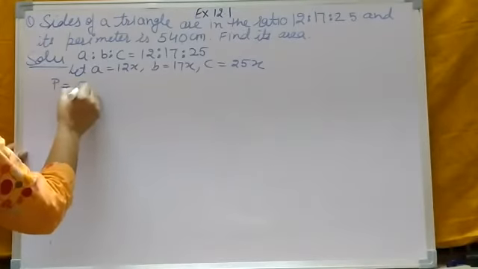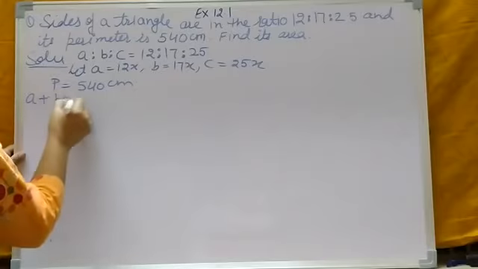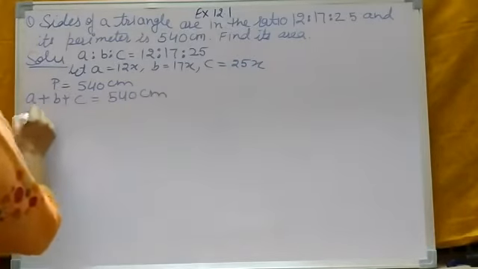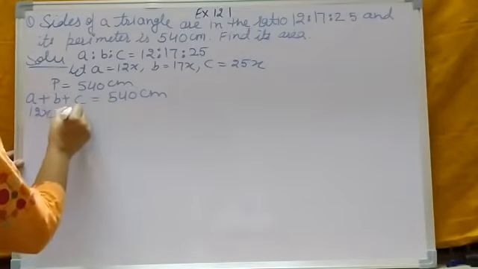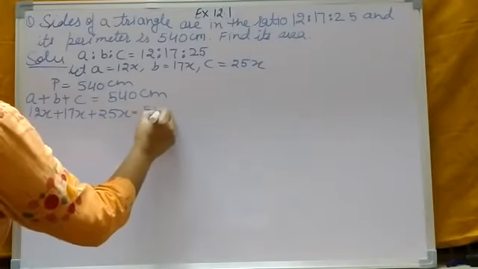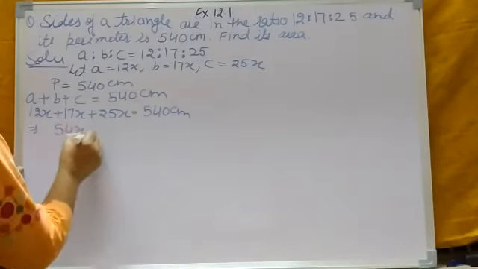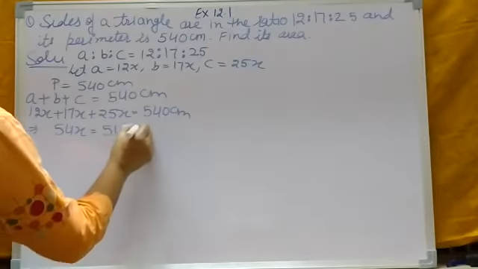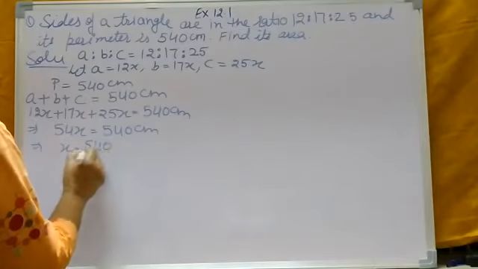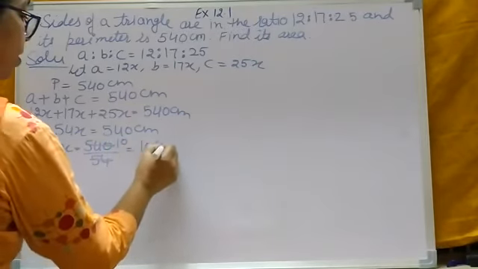Perimeter is equal to 540 centimeter. a plus b plus c is equal to 540 centimeter. 12x plus 17x plus 25x is equal to 540 centimeter. 54x is equal to 540 centimeter. x is equal to 540 upon 54, 10 centimeter.